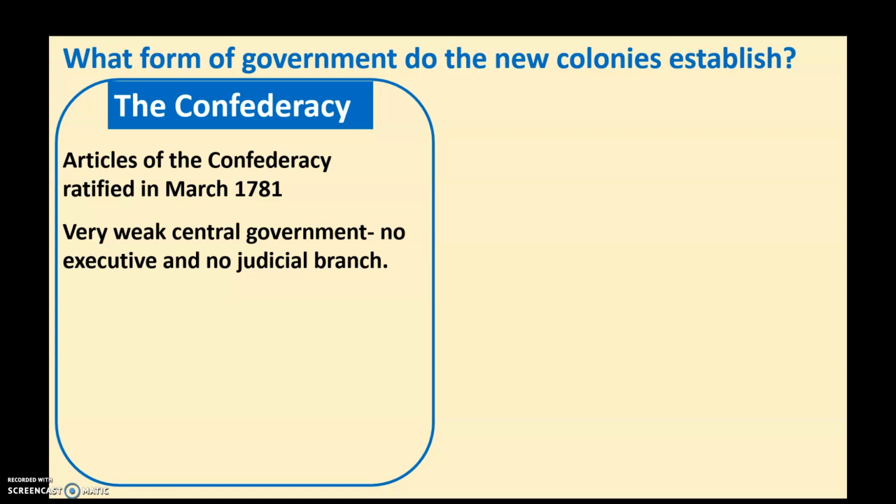There was no executive, no president or any equivalent of that nature. There was no national judicial branch. All power would be vested in the individual states. So the individual states, like Virginia and the Carolinas and Georgia and New Hampshire, were almost like independent states with just very weak connections between them in terms of central power.